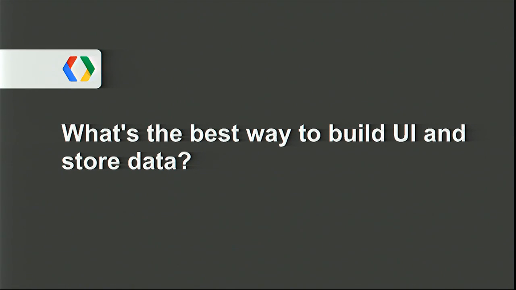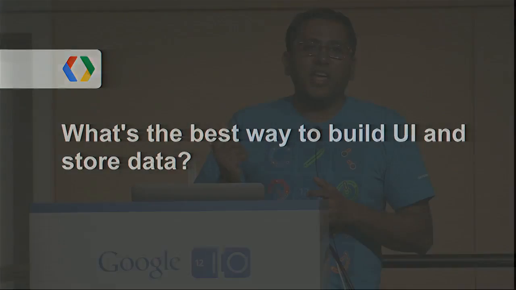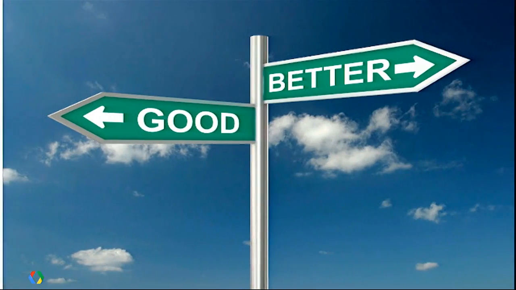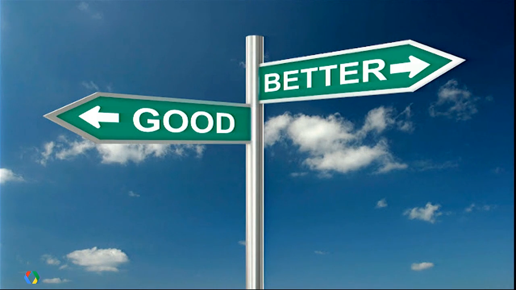Well, but before we start creating the standalone projects, what is the best way to build UI and store data? And again, let's go back to our history a little bit. So we let you create scripts from spreadsheets, and we had UiApp, an awesome way to build UI and a great way to store data. That was pretty good, right? But this is Google.